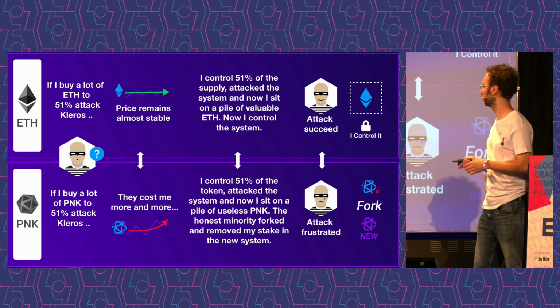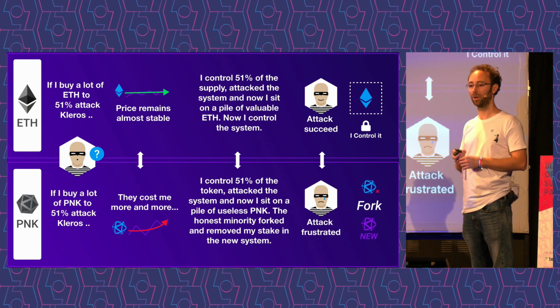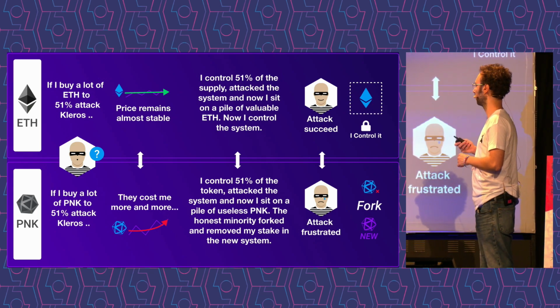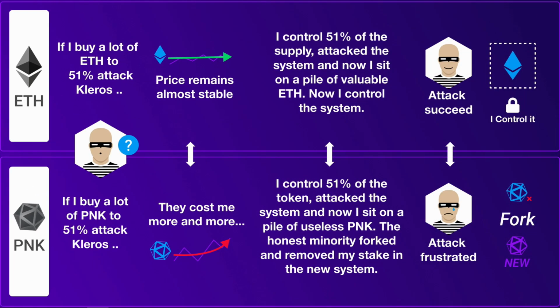Here we start to see some difference. In the first case, if you wanted to do a 50% attack in ETH, it would be pretty easy to get most of your ETH at the current price. Maybe you will affect the price a bit, but it's going to be negligible because most of the ETH is not used in your application. So you can buy ETH more or less at the current price.